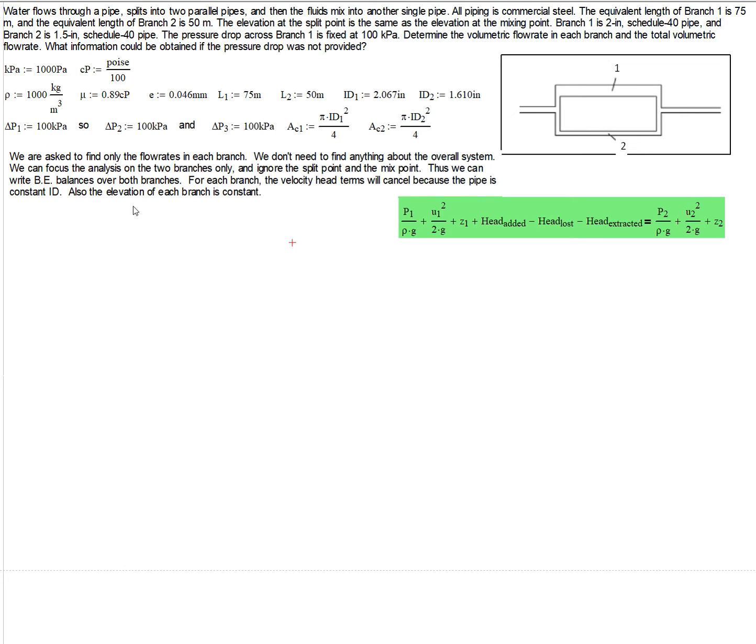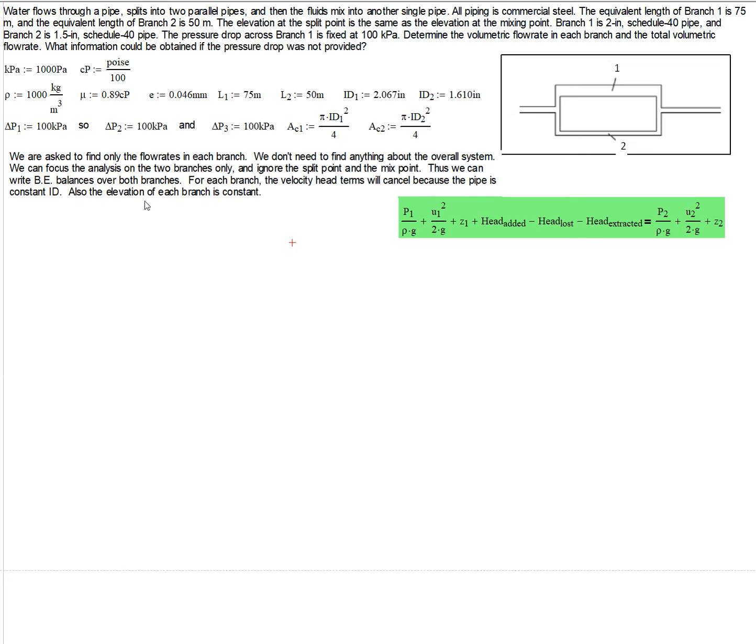Another thing is for each branch, this is steady state flow, this is incompressible fluid. Each branch has a constant velocity, a constant cross-sectional area. We can think ahead into our Bernoulli equation that the velocity terms are going to cancel out.